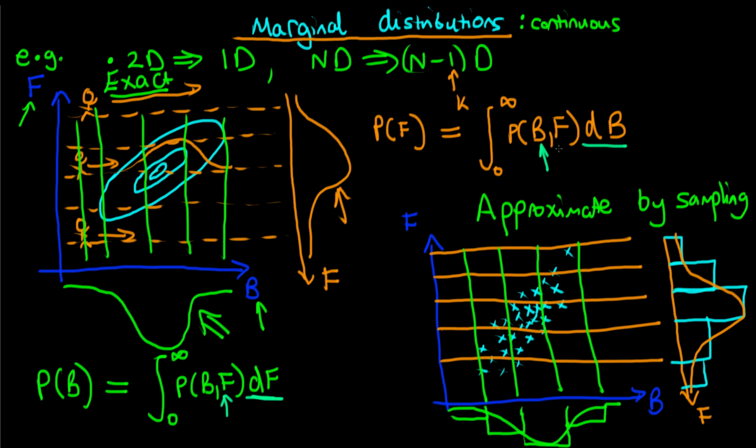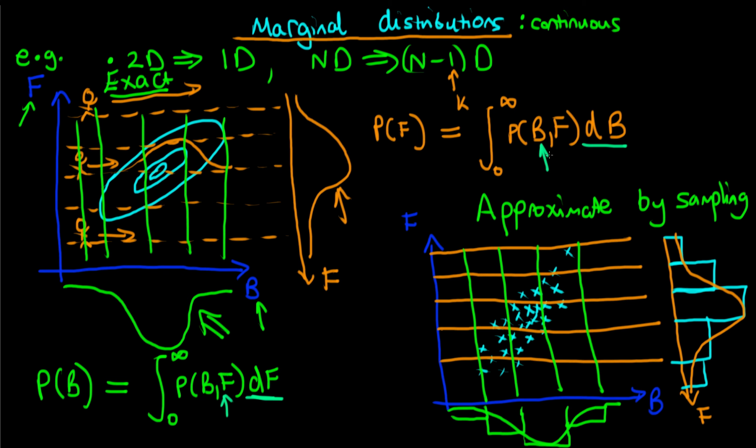So, to summarise, marginal distributions for continuous probability distributions can be obtained exactly by integrating the joint density with respect to the nuisance variable, the variable we're not actually interested in. Alternatively, there is an approximate way to derive a marginal distribution, and you do this by sampling from that joint distribution.